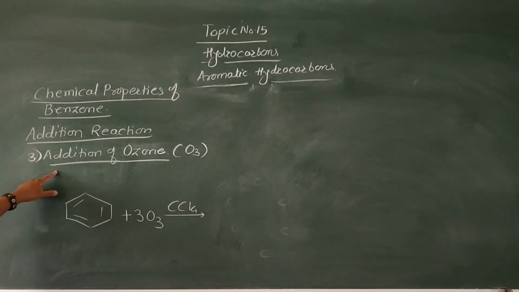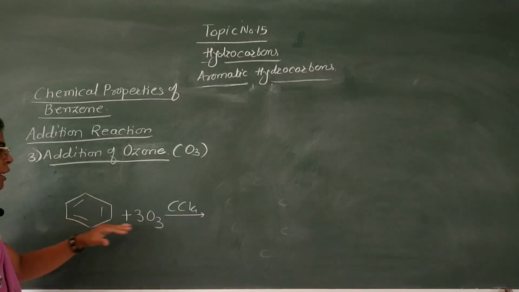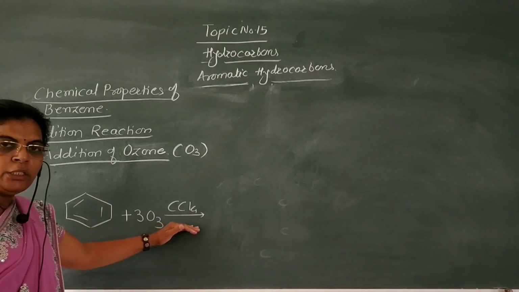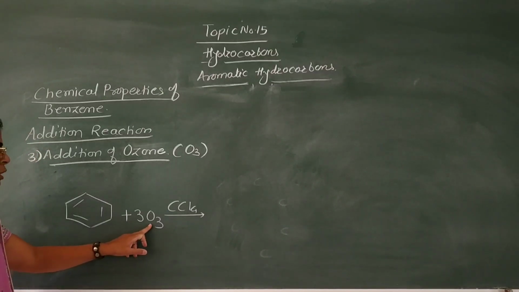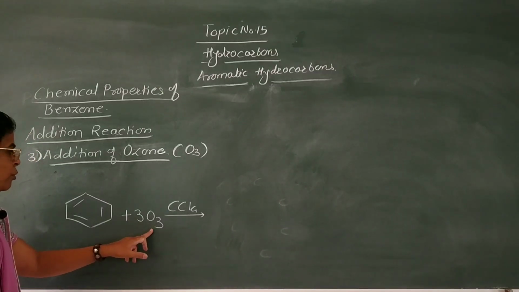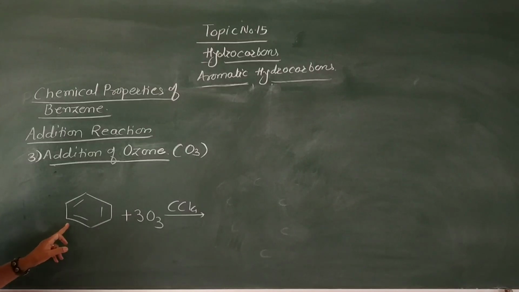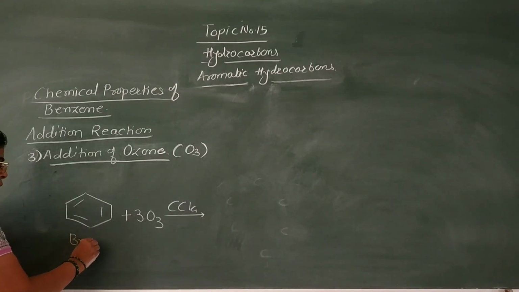Now here, when benzene is treated with ozone in presence of an inert solvent like carbon tetrachloride, then addition of 3 molecules of ozone takes place across the double bond of benzene and formation of benzene ozonoid takes place like this.